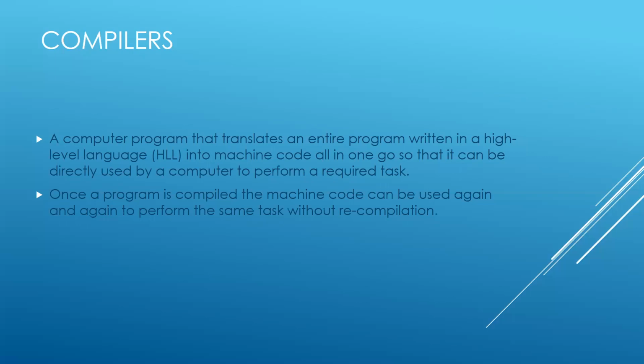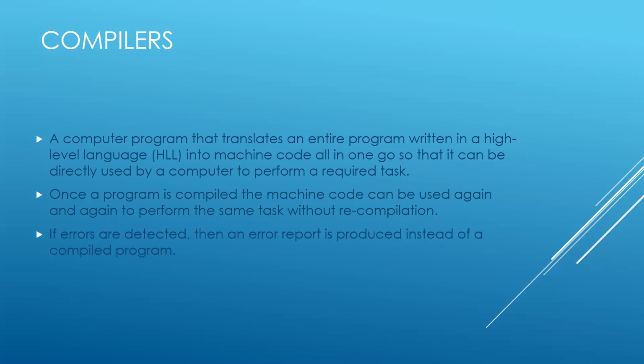Otherwise, if there is no change, the program can be used again and again because it does not need any recompilation. One more thing: compilers create executable files, exe files in short, the binary files which are used repeatedly without recompilation.